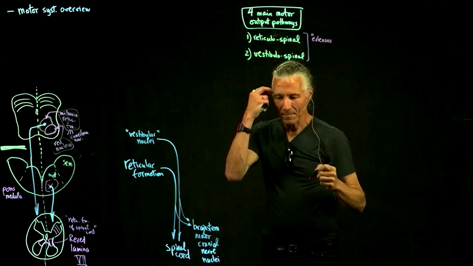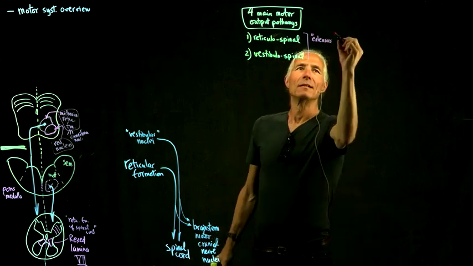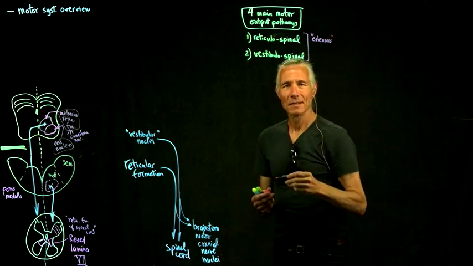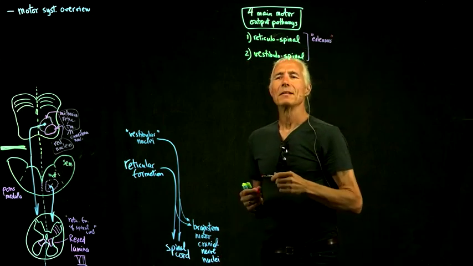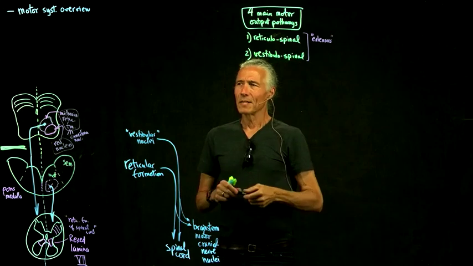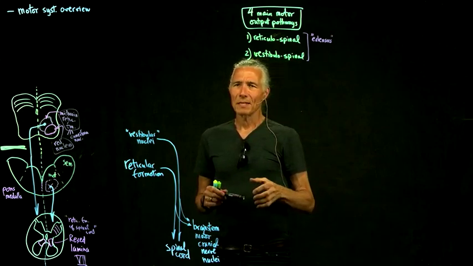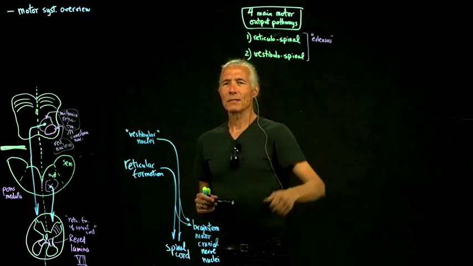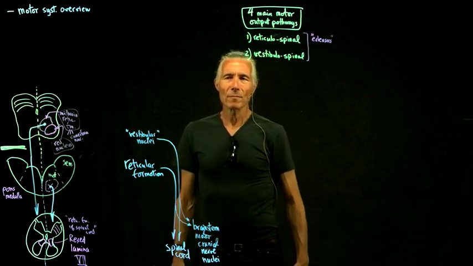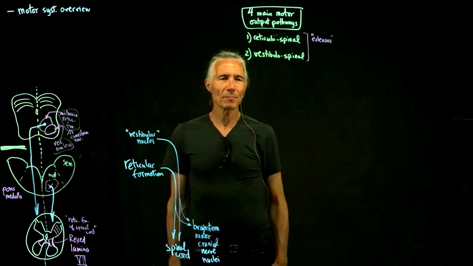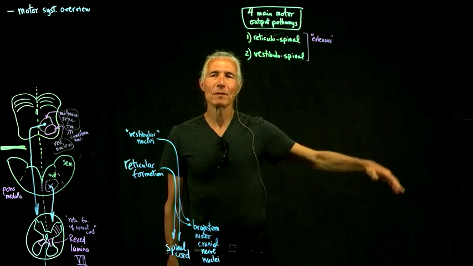So what does that mean? It's something that extends your limbs away from your body. So when I do something like this, I extend my limbs away from my body.